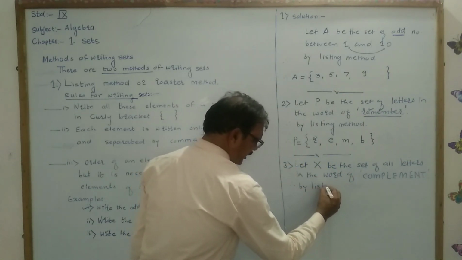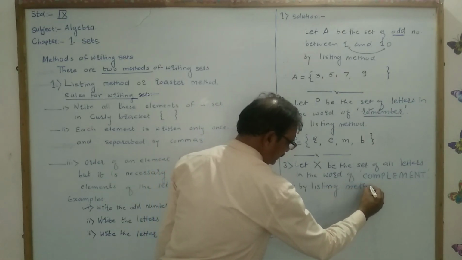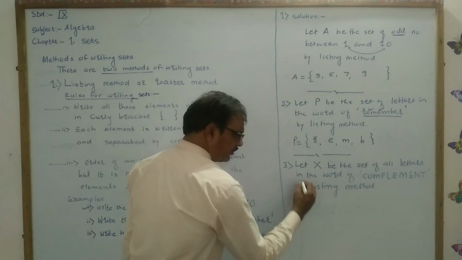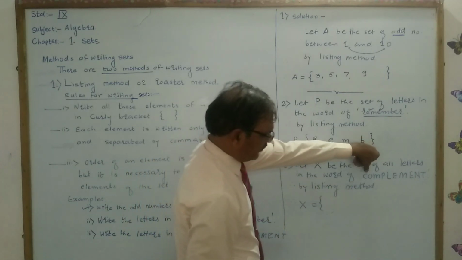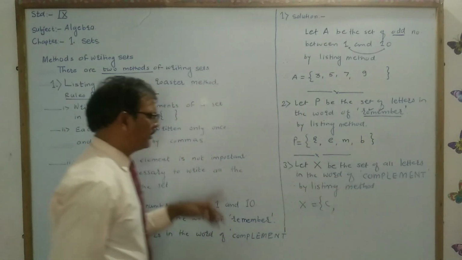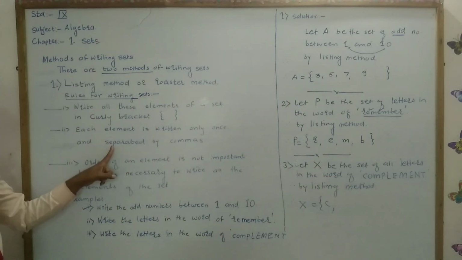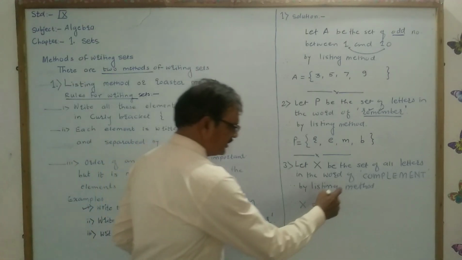By listing method. So therefore, X, take first element, that is the C, put comma. Why? Because each element is separated by commas.